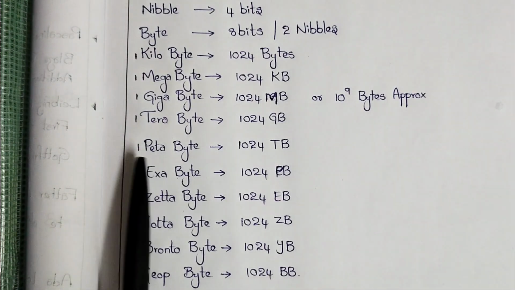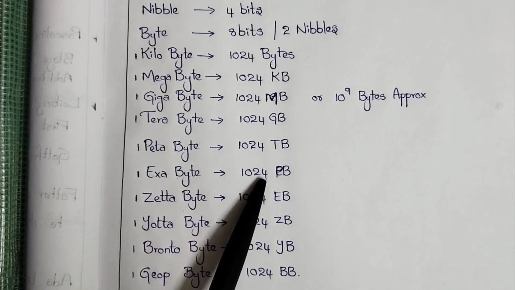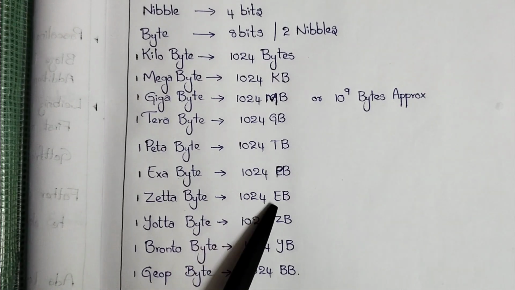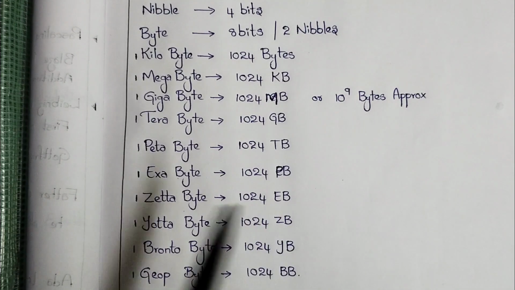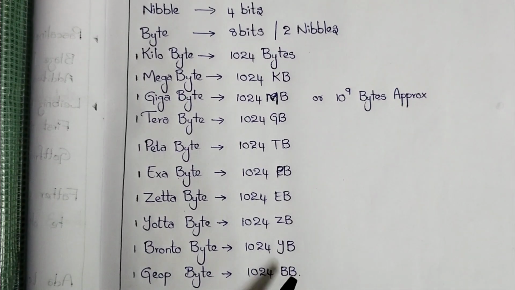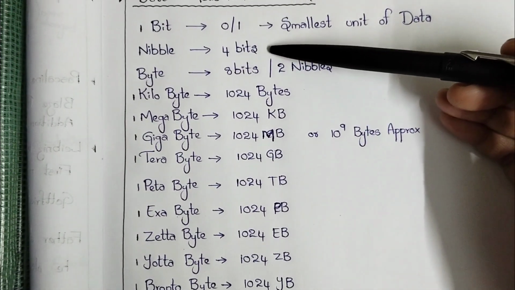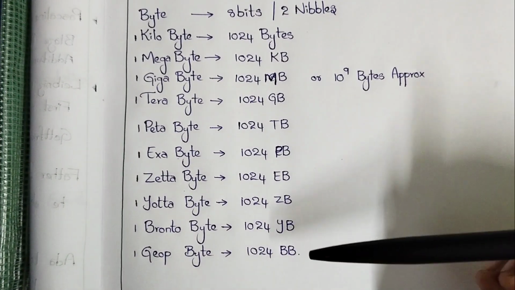After petabyte, the next largest is exabyte, which means 1024 petabytes. 1 zettabyte is 1024 exabytes. 1 yottabyte is 1024 zettabytes. 1 brontobyte is 1024 yottabytes. 1 zeobyte is 1024 brontobytes. So the bit is the smallest unit, and this is the next highest, next highest, next highest, and this is the highest.